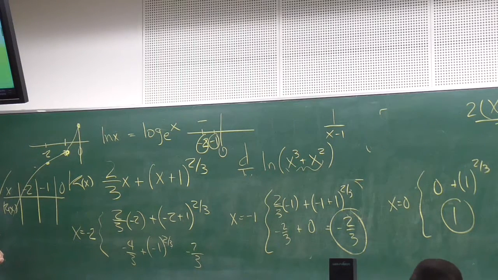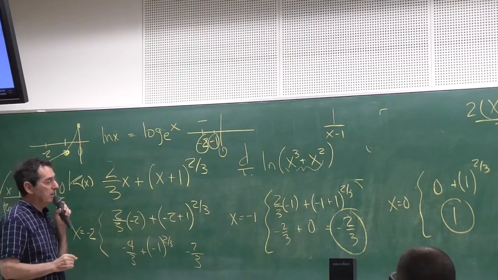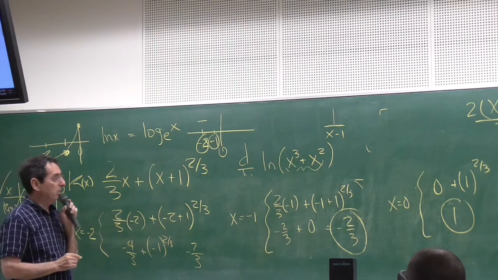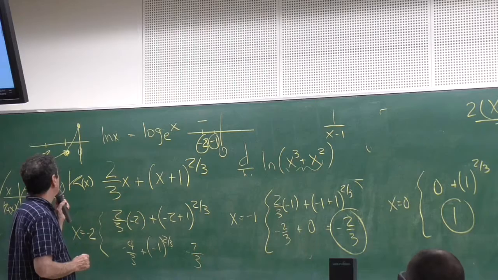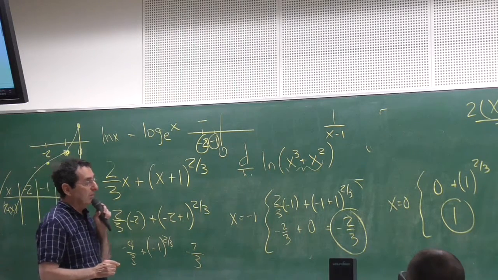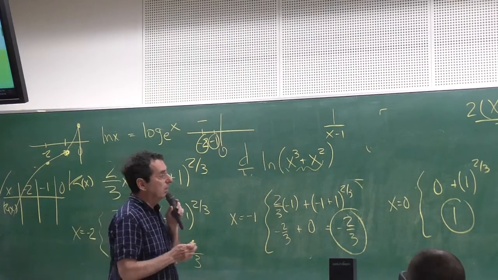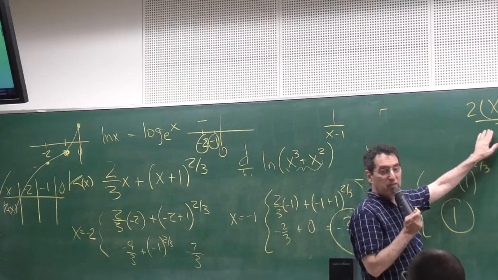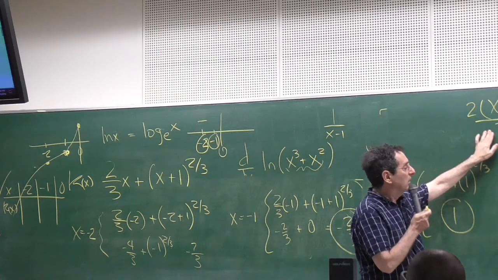What was the derivative at negative 2? Where was the cusp? And where was the derivative equal to 0? When was that?